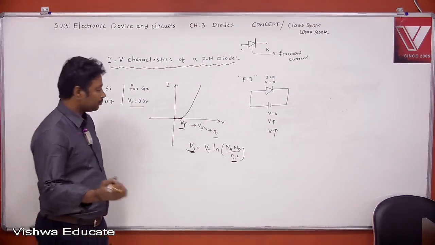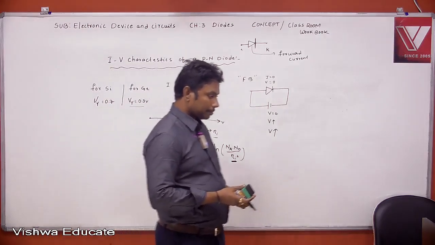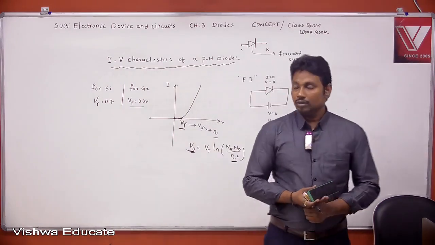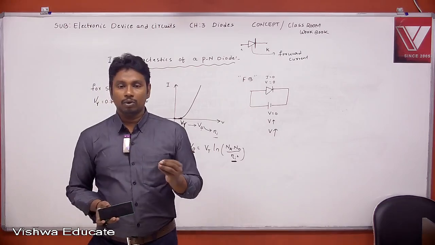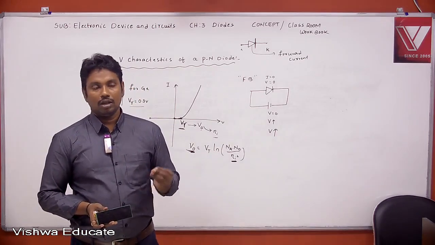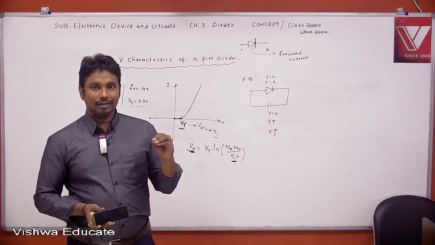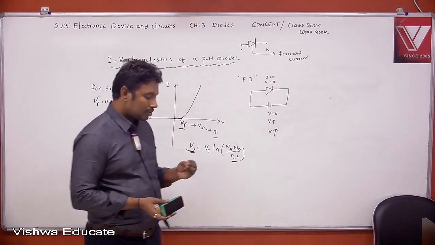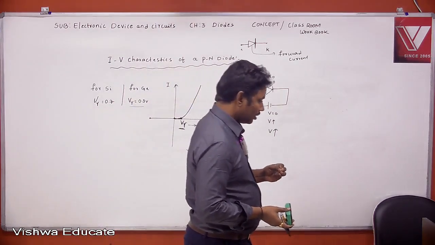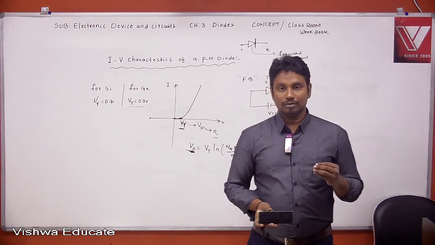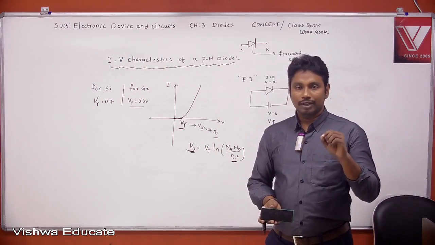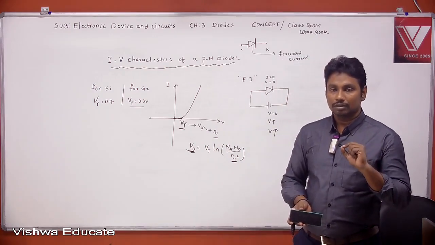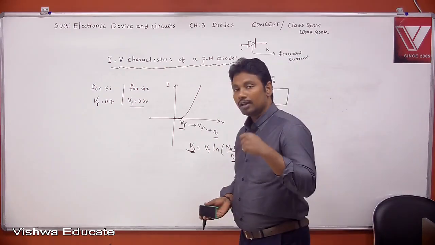Right, write down. The applied voltage at which the diode starts to conduct is called the cutting voltage, in bracket V gamma. Next point.